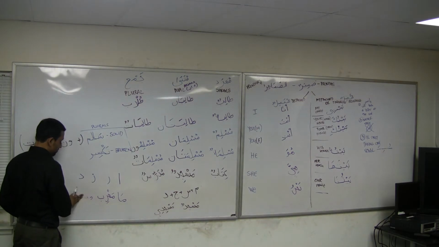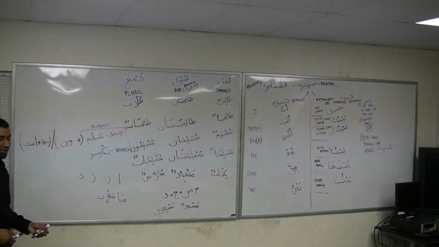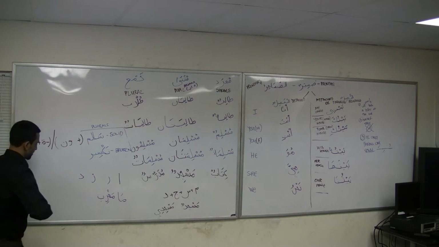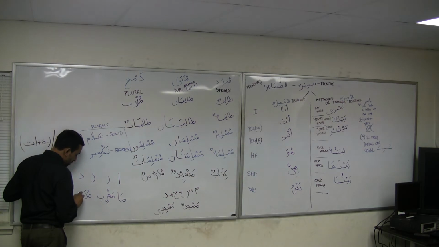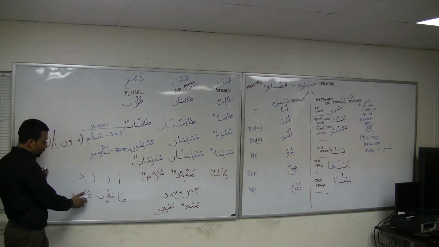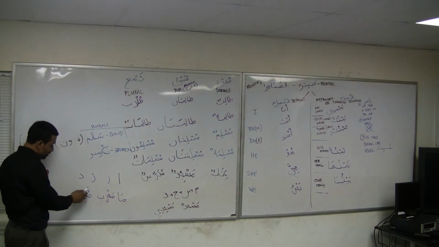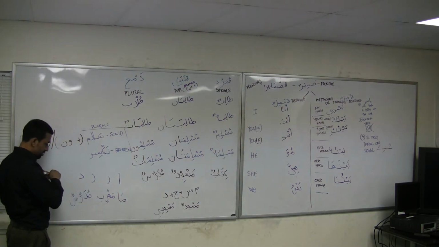Let me think of another one. Masjid, but there's no letter after it that I can show. You take dal in the middle of a word. Perfect: mudarrisun. You see that? The dal will not connect with the ra, and the ra will not connect with the sin, because both of these letters are among the letters that don't like to connect with other letters.